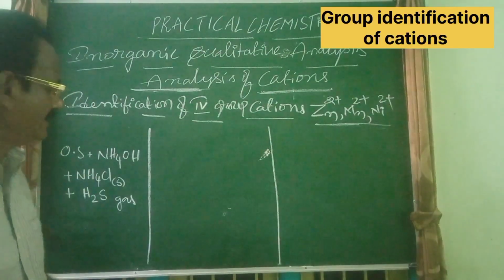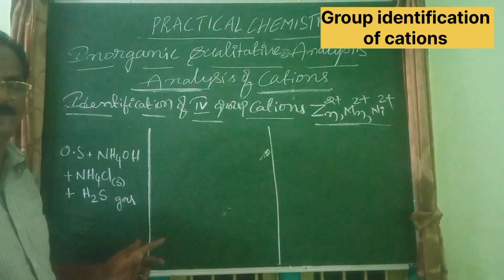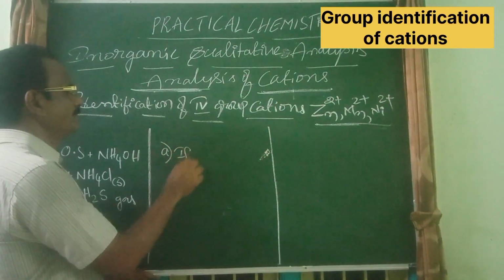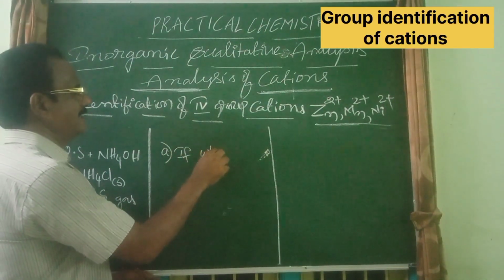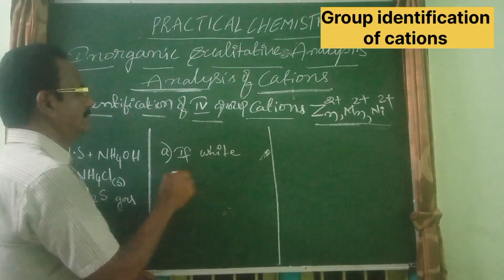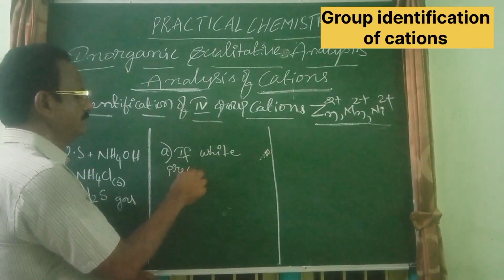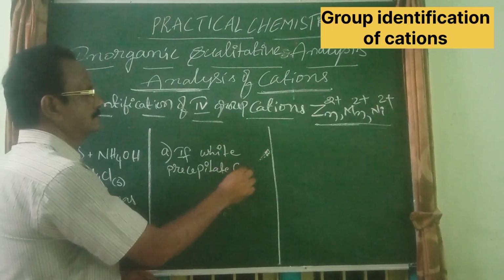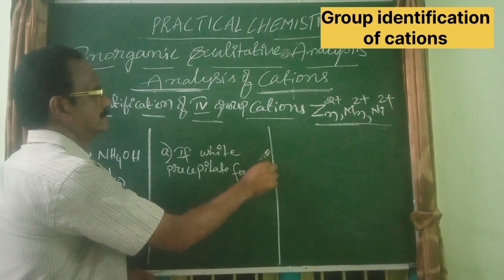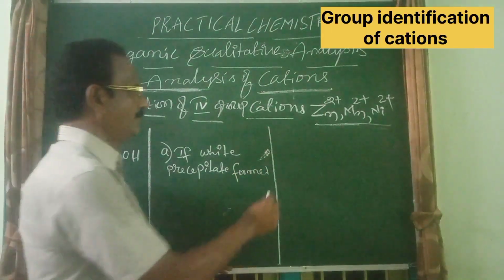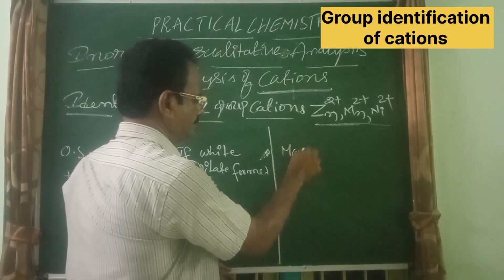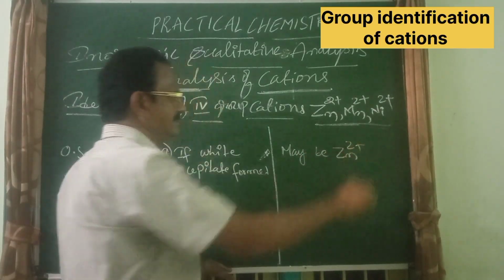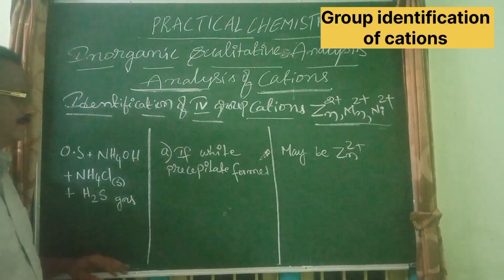Okay. So here let us see the observations. If white precipitate is formed, maybe zinc, Zn2+.